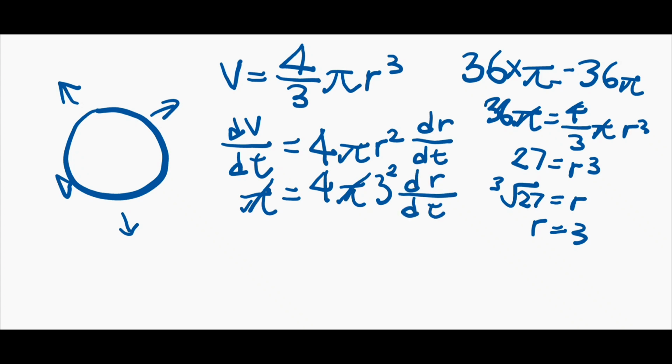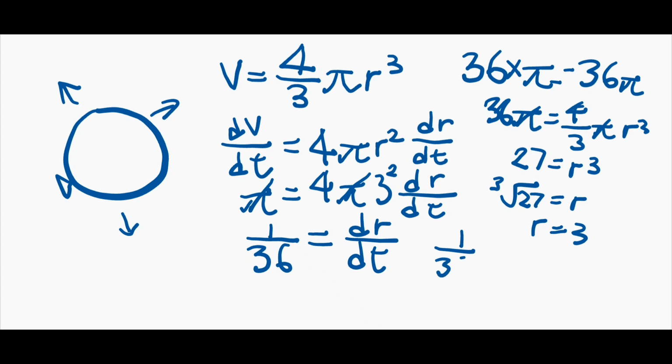Pi's cancel out, we move the 4 to the other side, that's 1/4, and we move the 3 squared to the other side, that's 1 over 4 times 3 squared, which is 4 times 9, which is 36. So 1/36 is equal to dr over dt. So after 36 decaseconds, the radius of the balloon is increasing by 1/36 of a centimeter per decasecond.